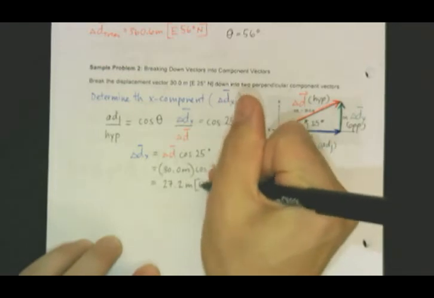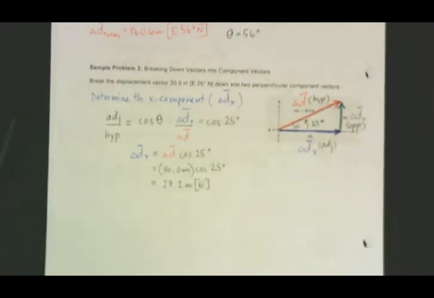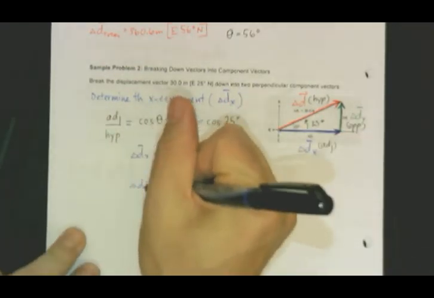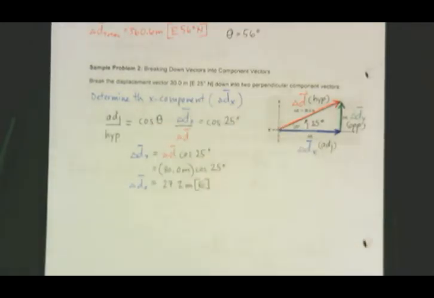Fantastic. East. And the whole point of doing this is to break it down into very straightforward, easy directions like north, south, east, or west. So all of your x components will be either east or west, and all of your y components will be north or south.